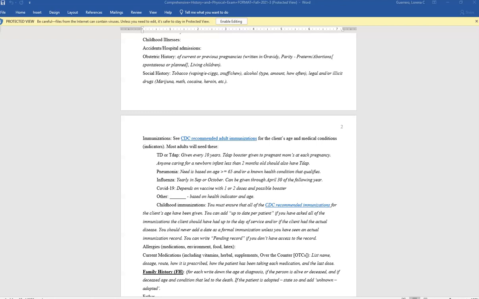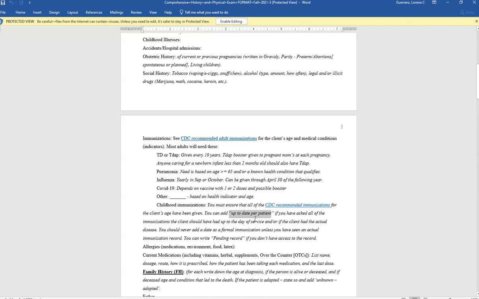If you're pregnant, you're probably going to be getting it with every pregnancy. And just know that the most important part here is that CDC recommends childhood and adult immunizations.